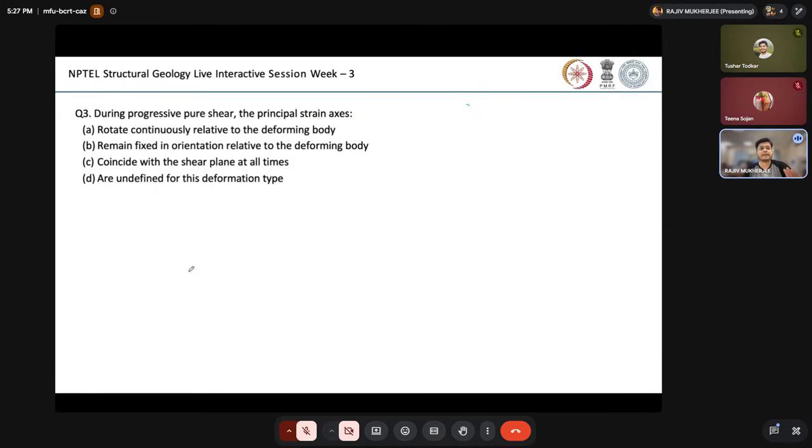By choosing the correct answer, you would definitely answer the definition of progressive pure shear itself. So it is very easy if you just know the definition. Go ahead if you can guess what the correct answer will be.